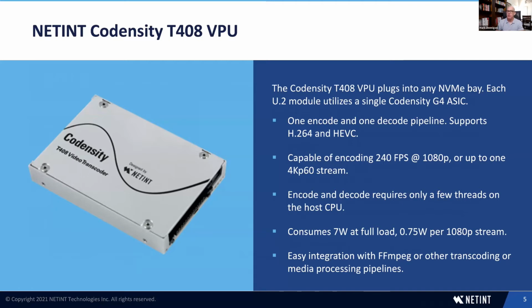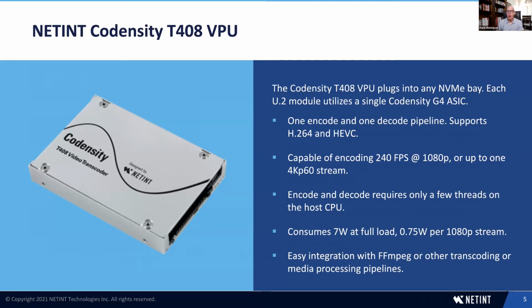Just really remarkable. So you can have a server fully loaded with, for example, T408s, and it could be transcoding 100 streams or more, depending on resolution. And that server might only be running at 20 or 30% CPU load, which is amazing.